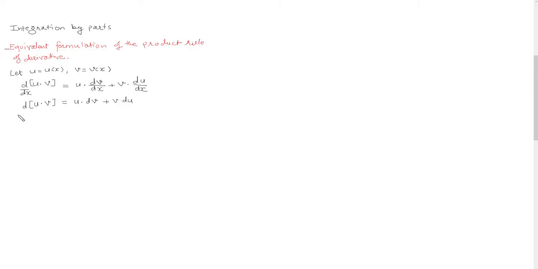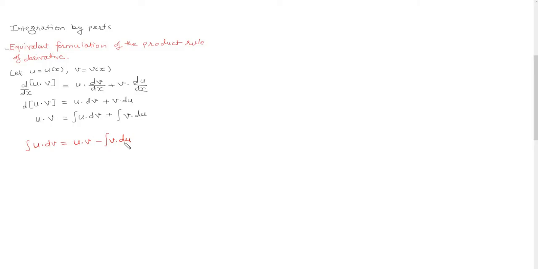In this expression, what we need to understand is that this d represents the derivative or the differentiation. Now if you switch the sides of this d, then on the next side we will have integration of u dv plus integration of v du. Thus we obtain integration of u times dv equals u times v minus integration of v times du.